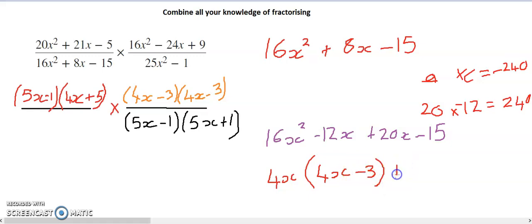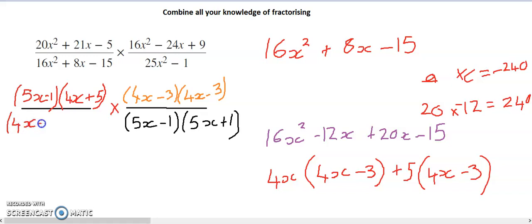Then I look at my next one. A common factor here is 5. So 20x divided by 5 equals 4x. Negative 15 divided by 5 equals negative 3. That means 4x is being times by 4x minus 3, and 5 is being times by 4x minus 3.